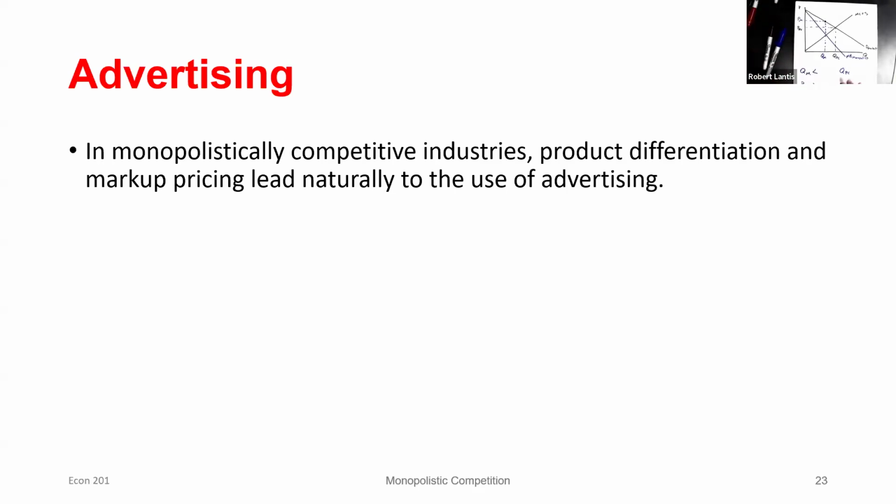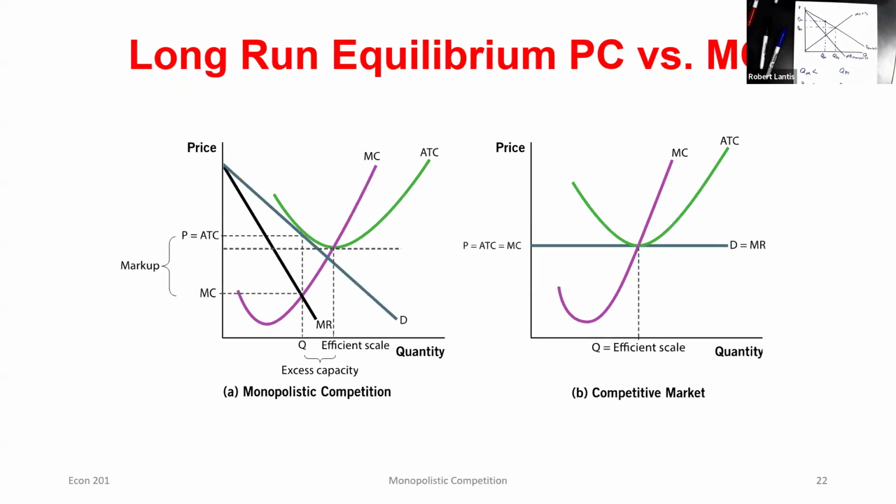When we were looking at this, this is at the firm level. We know the firms are going to end up at the lowest point of their average total cost curve, but for monopolistic competition, they're not quite at that minimum. So we know that every single firm is producing at a lower quantity and a higher price.